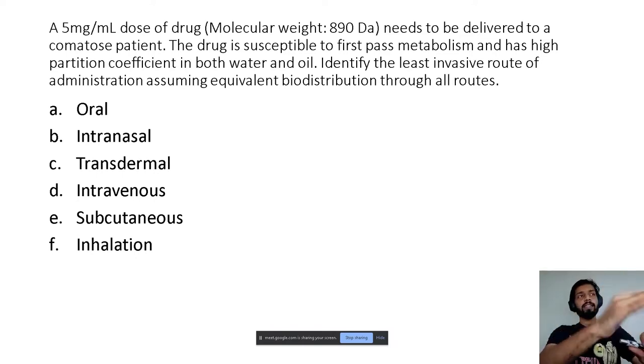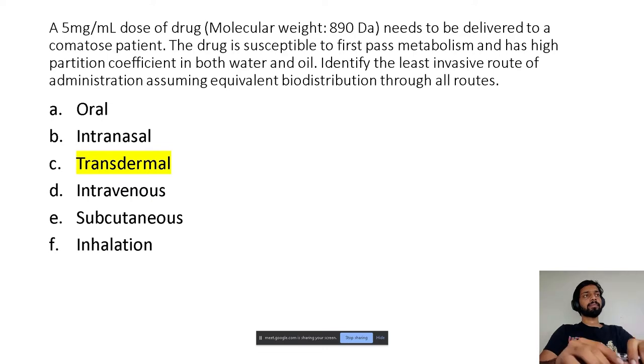They are the least invasive routes of delivery, but they haven't specified where the drug needs to go, whether the brain or the respiratory system. So you would not want to include intranasal or inhalation. The remaining option is the transdermal route of delivery.